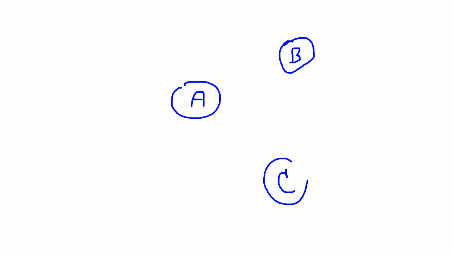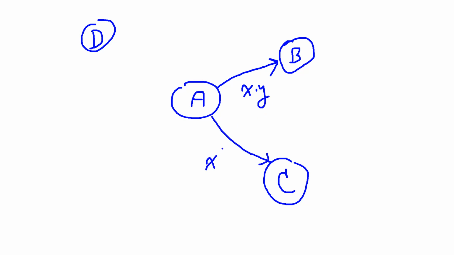assume this is state A, state B, state C, state D. If I write some condition that changes from state A to state B with, for example, X and Y, and this one may be X prime, and change A to D by the condition X and Y prime.